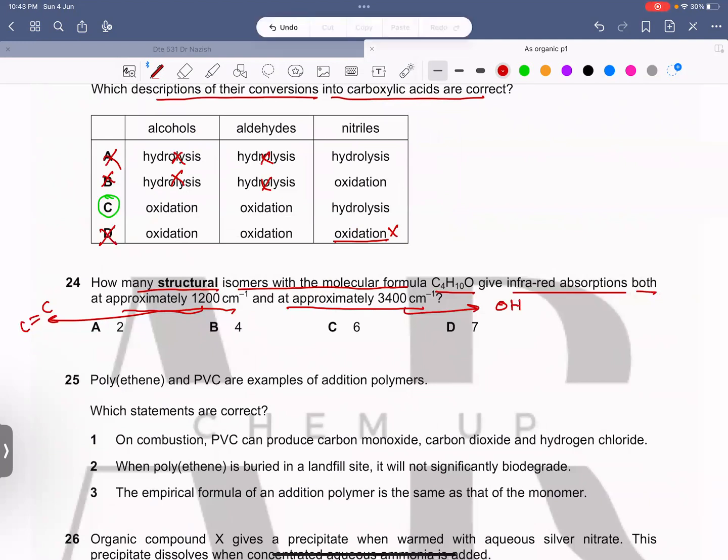And if you look at this formula, it is CnH2nO.